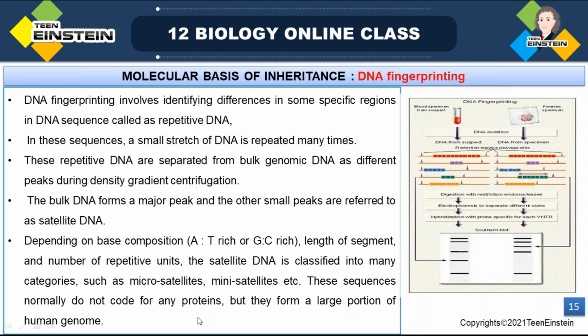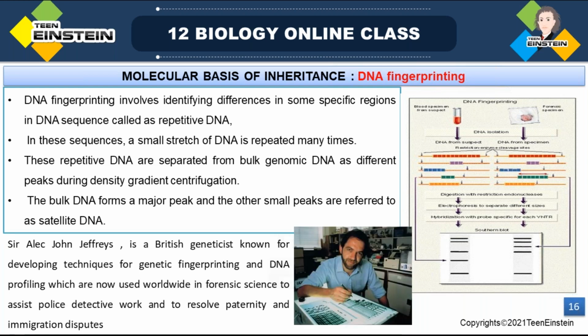These sequences normally do not code for any protein, but they form a major part of the human genome. So DNA fingerprinting involves identifying differences in specific regions of DNA called repetitive DNA.